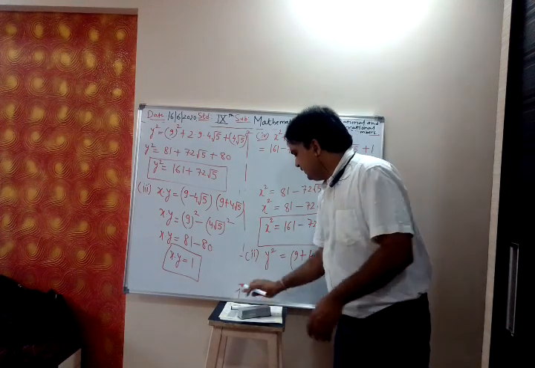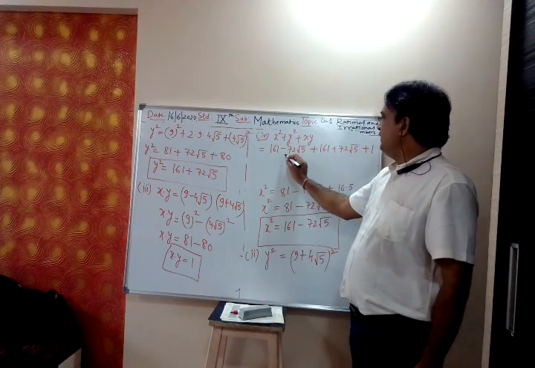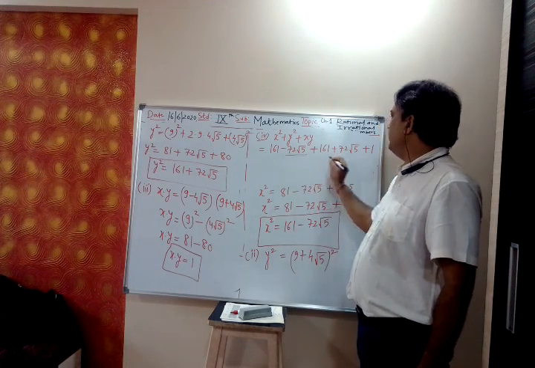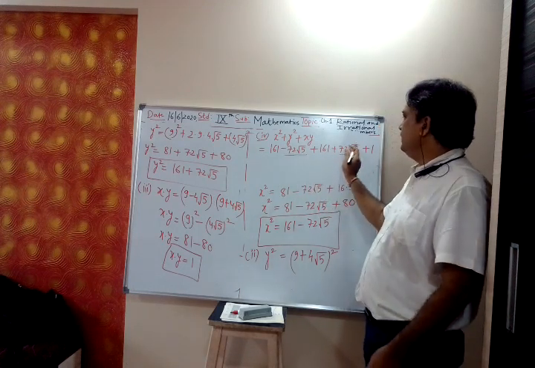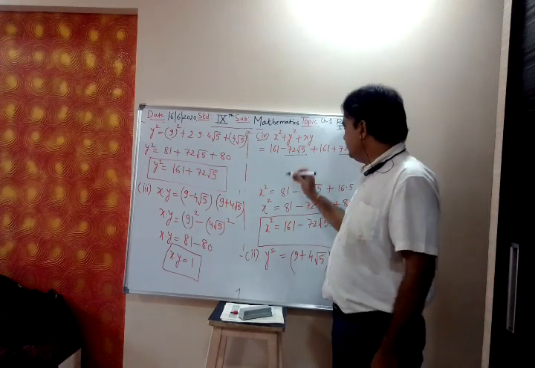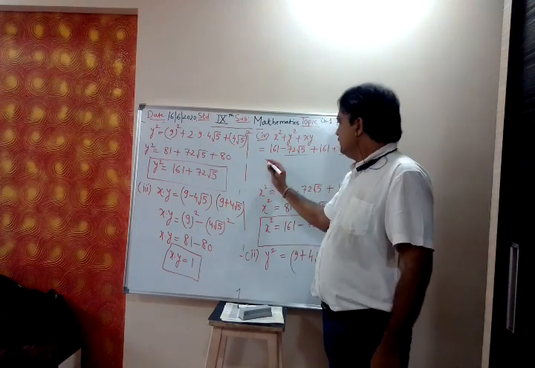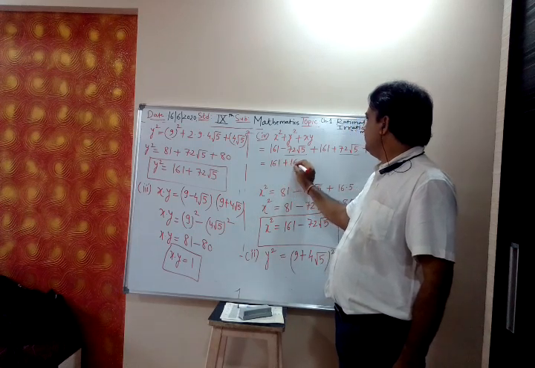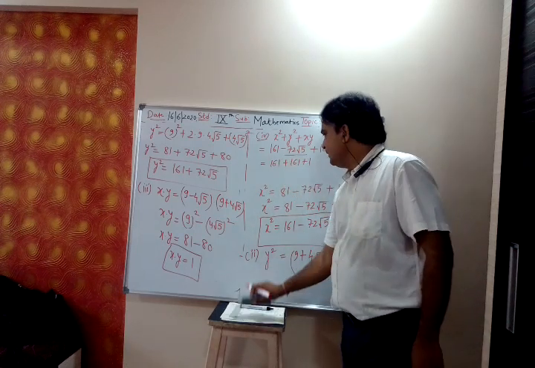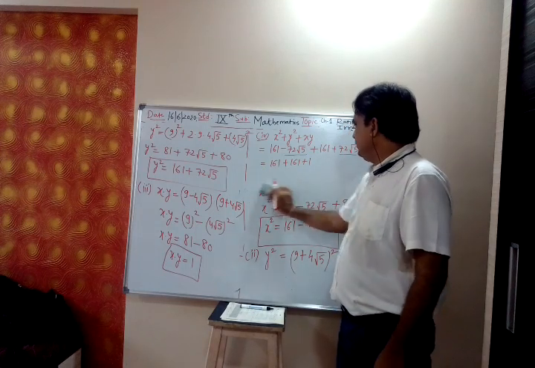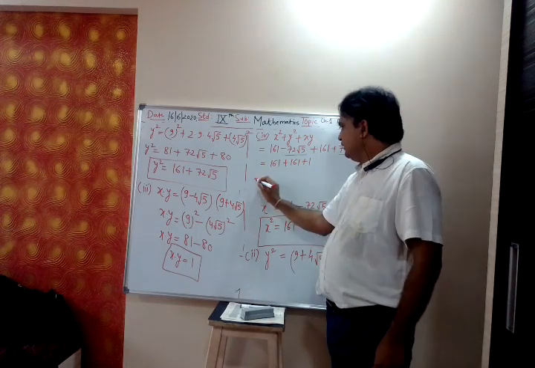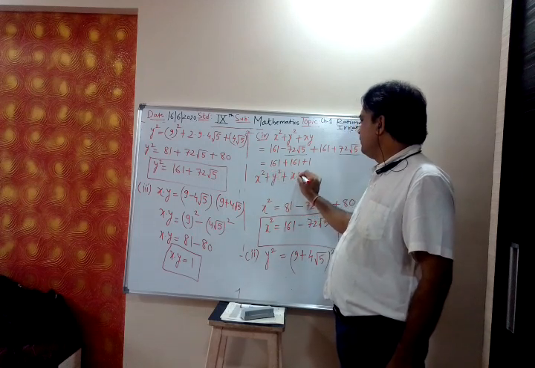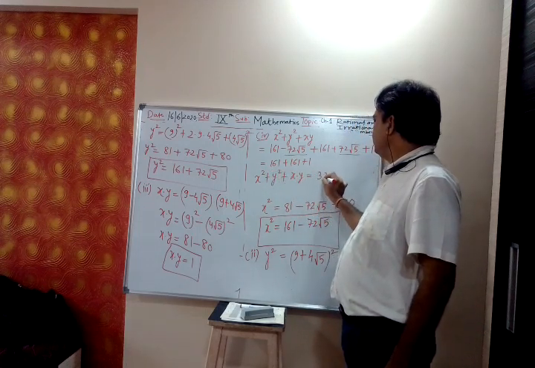Now in this, minus 72 root 5 and plus 72 root 5 will get cancelled. So left is 161 plus 161 plus 1, 323. Very good. So x square plus y square plus xy is 323.